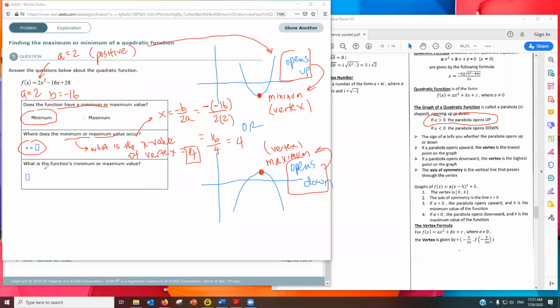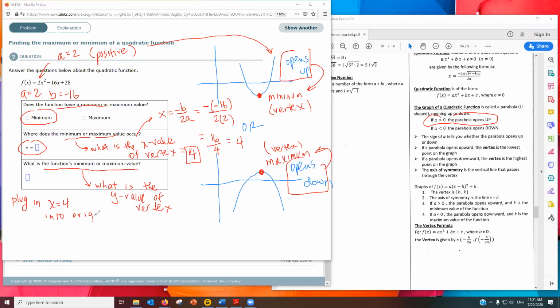All right, let's go to the last part. What is the function's min or max value? What they're really asking you there is, what is the y value of the vertex? Well, remember how to find the y value? What you do is you plug in the x value of the vertex, in this case it's x equal 4, into the original function.